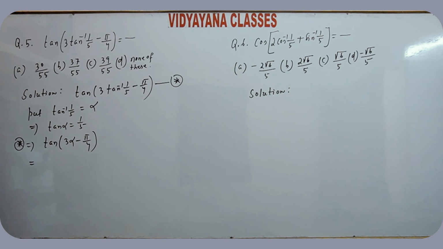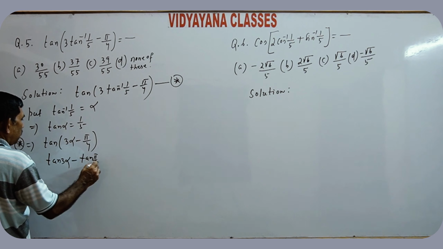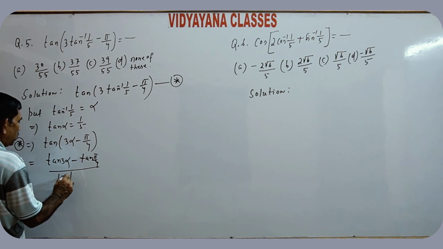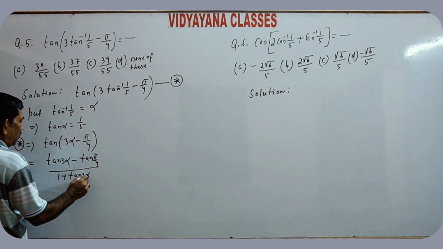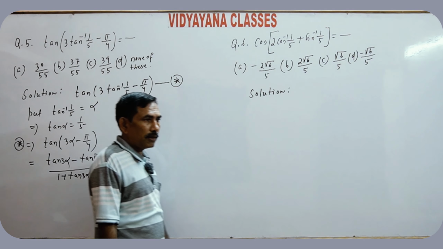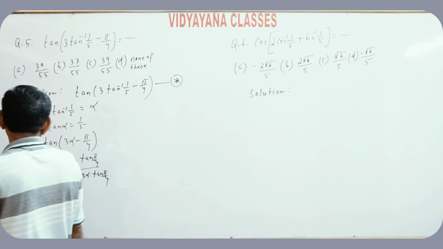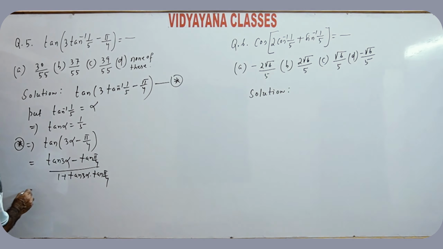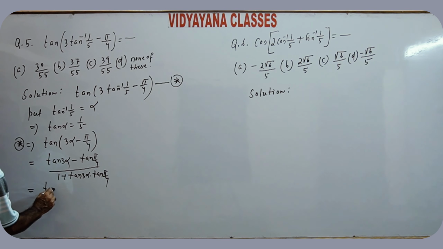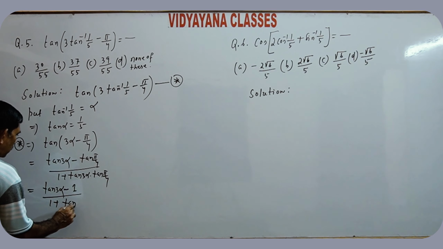Tan (A minus B) is equal to (tan A minus tan B) divided by (1 plus tan A into tan B). A means 3 alpha, B is pi by 4, which is the same as (tan 3 alpha minus 1) divided by (1 plus tan 3 alpha).